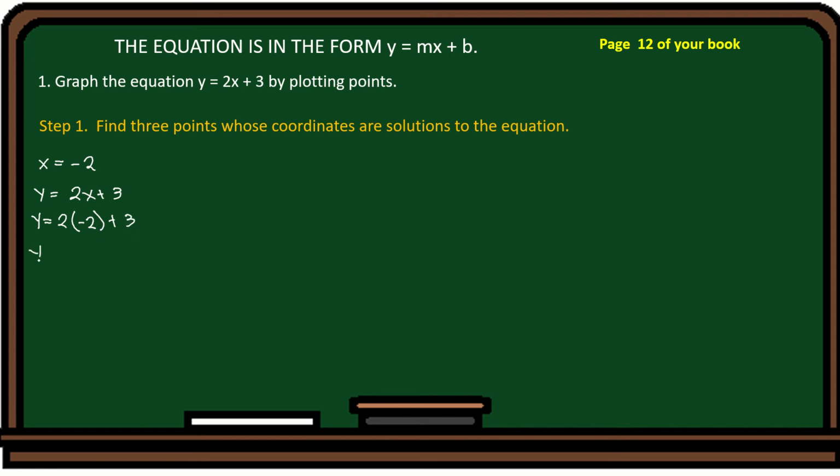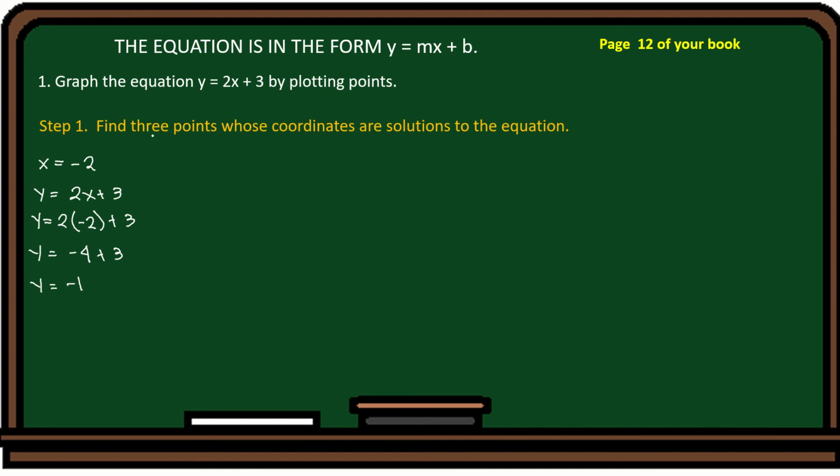Whatever the answer is will be the value of y. So 2 times negative 2 is negative 4, plus 3. Following the rules of integers, that will be negative 1.